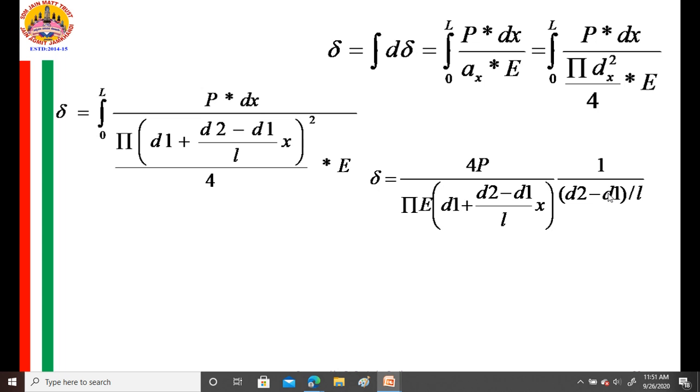Like that we make the differentiation of dx and take it in the denominator. That is 0 plus (d2 minus d1) divided by L into x, and its differentiation will become 0, and (d2 minus d1) divided by L is coming here.